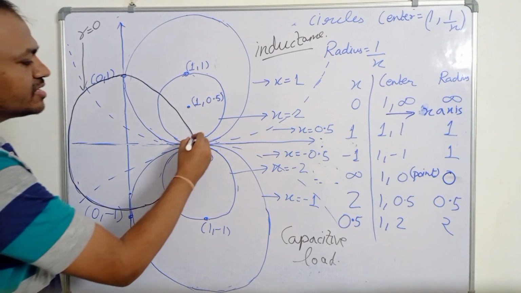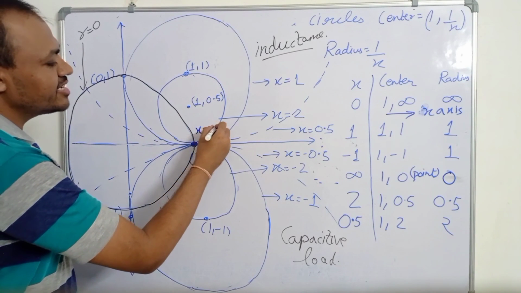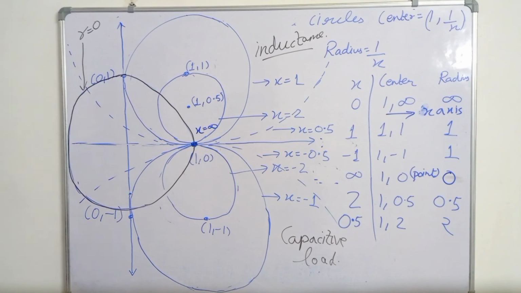So as you can see, as the value of x is increasing, the radius of the constant reactance circle is decreasing. We will continue the properties of the Smith chart in the next video.